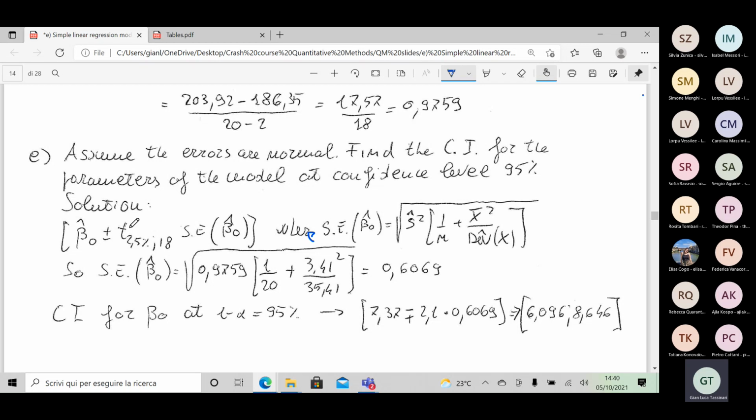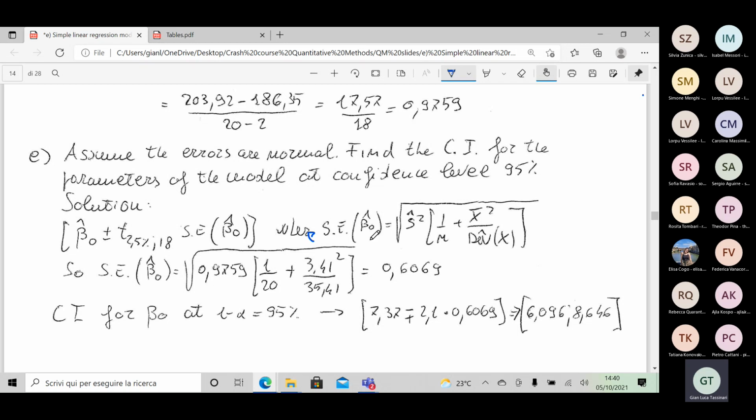To find this value, we have to use the table of the Student's t, and we will do it in a moment. Times what? The standard error of beta 0. I told you, you don't need to remember the formula of the standard error, because either I provide it during the exam, or I simply tell you the value of the standard error.